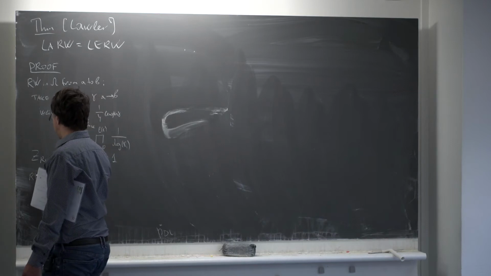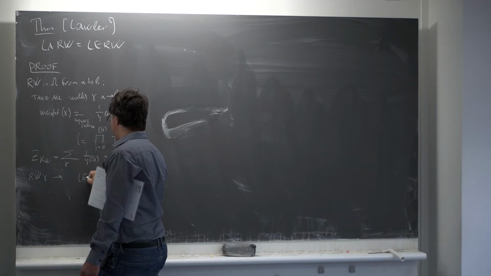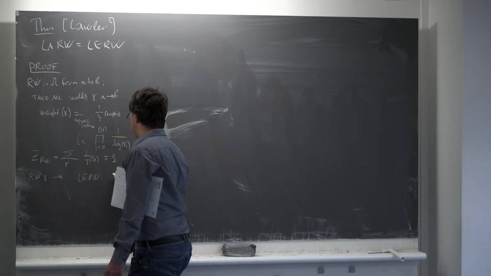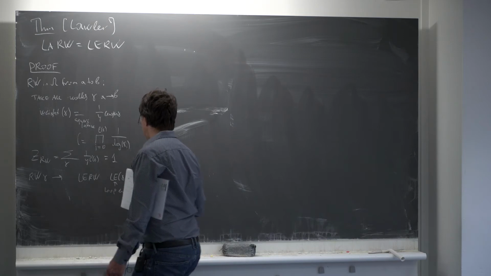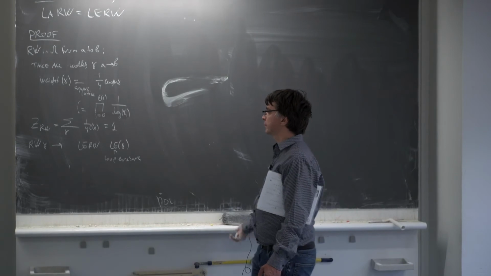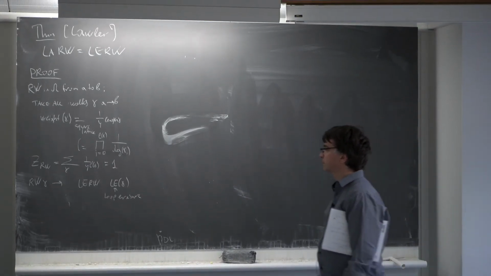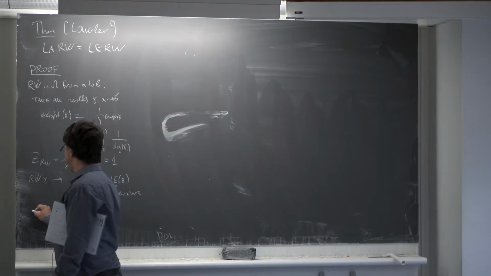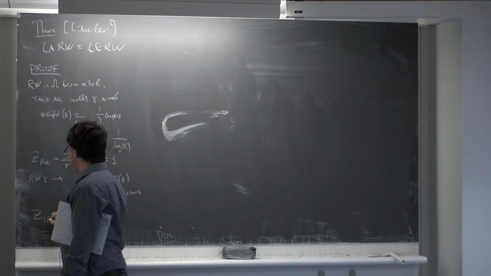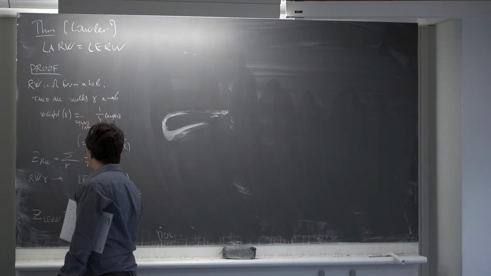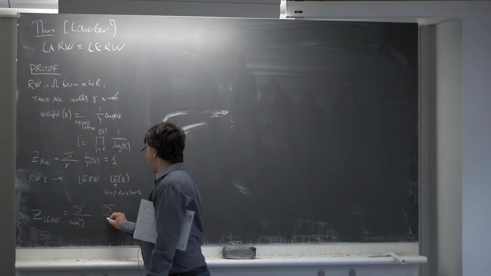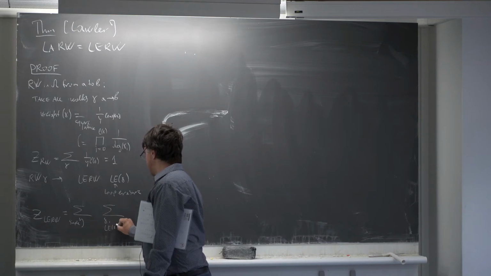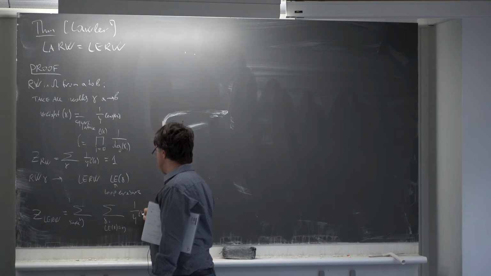If you have a random walk gamma, you get a loop erased random walk, denoted LE of gamma. This is the procedure of loop erasure. The partition function for loop erased random walks is the sum over all simple curves eta, and then the sum over all gamma such that the loop erasure of gamma is equal to eta, of 1 over 4 to the power length of gamma.